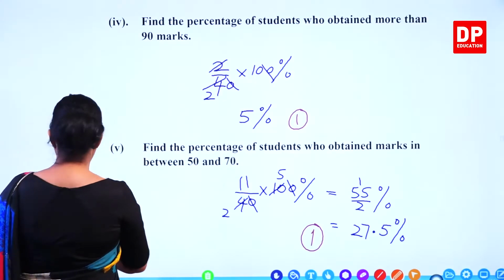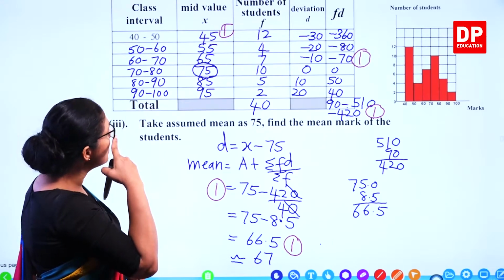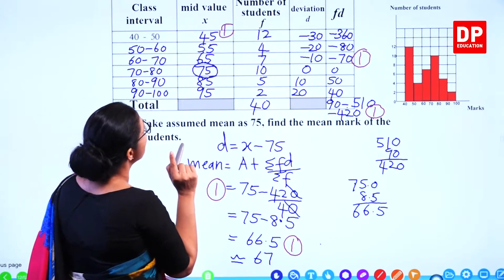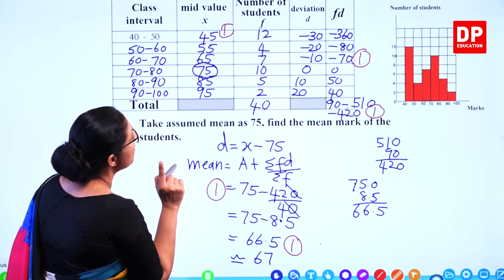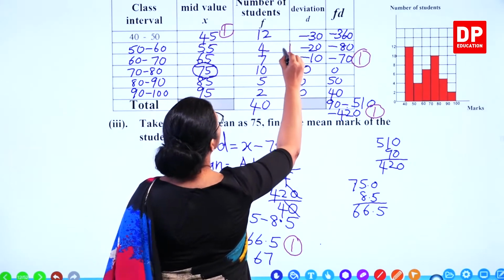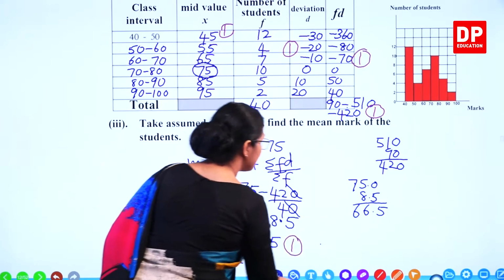And here we'll give 1 more mark for the mean value because this should be 6 to get 10 marks. So we'll give 1 mark for calculating the deviation. Then you get 10 marks for that.